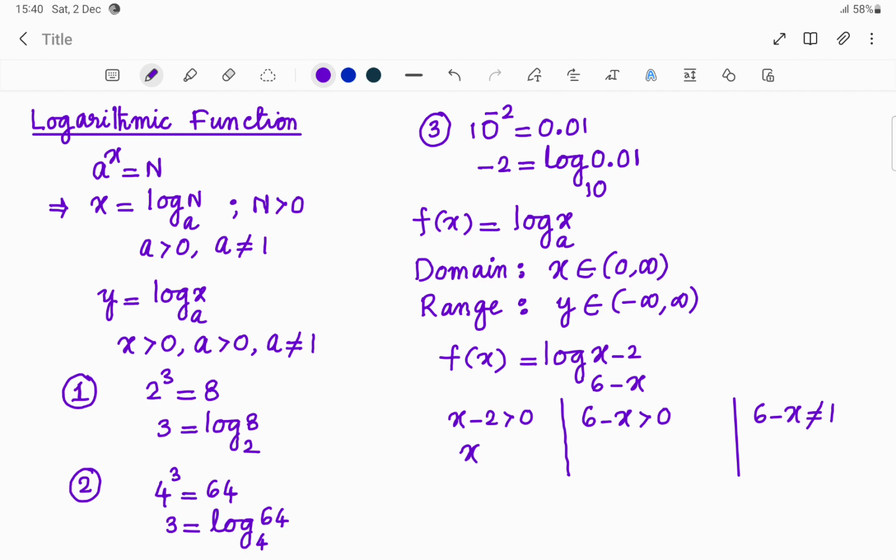So from this you will get x greater than 2. Here you will get 6 greater than x or x less than 6. And here x is not equals to 5.